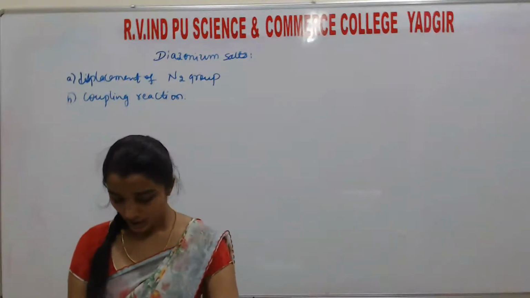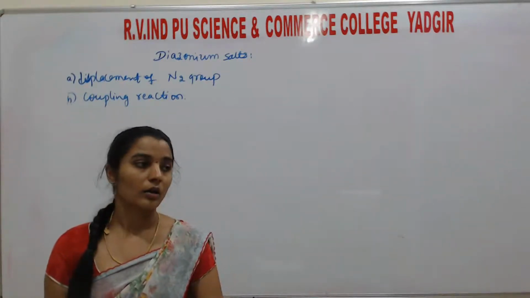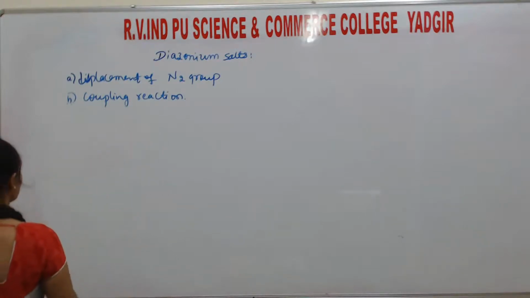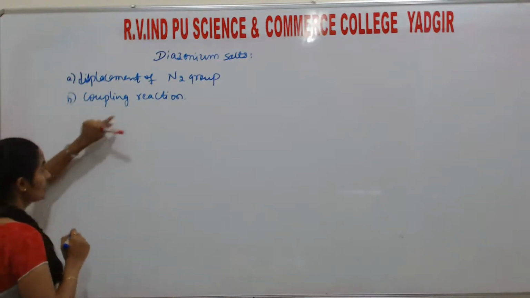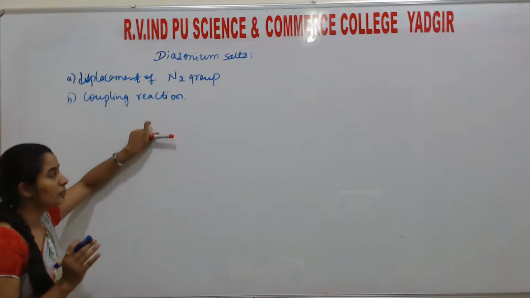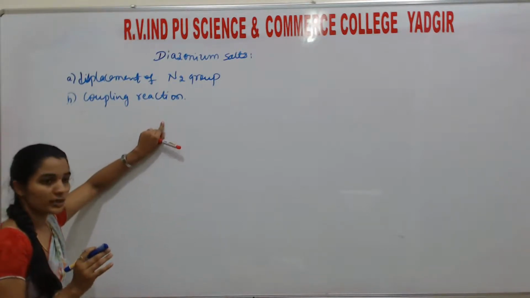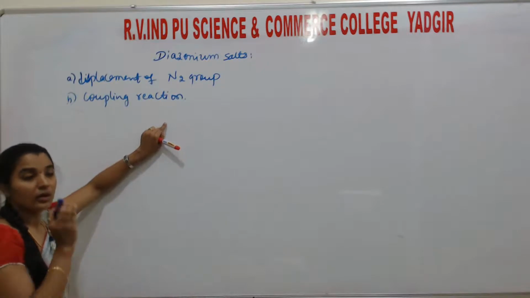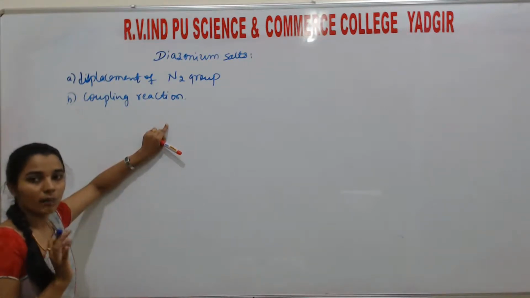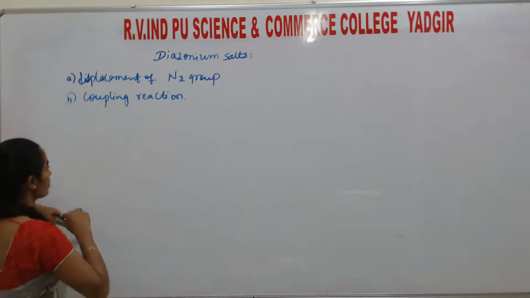Okay, students. So what is this coupling reaction? Listen, here, one amine compound or an azole compound you may assume. So a C6H5NH2X type of compound coupled with another molecule or another compound. So I'll write the example, then you will get to understand.